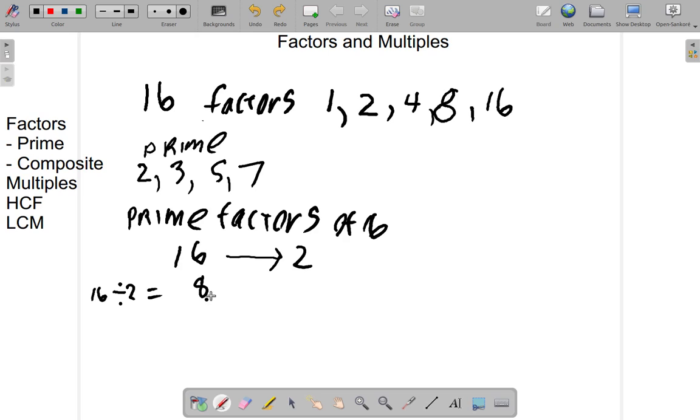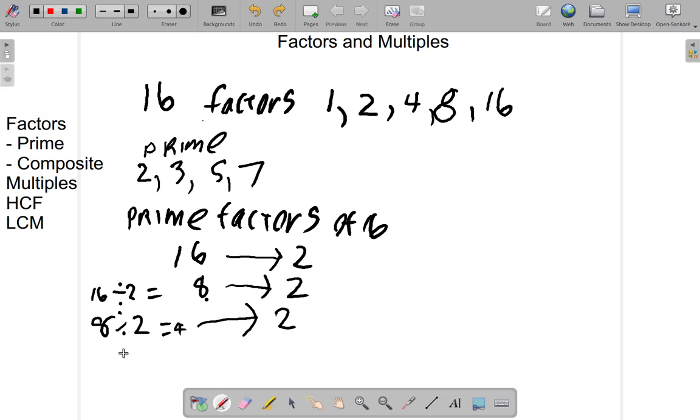Break up 8 into other prime numbers. 2 can work again, because 8 divided by 2 is 4. So we can try 4. How do we break 4 up into prime factors? There is 2 again.